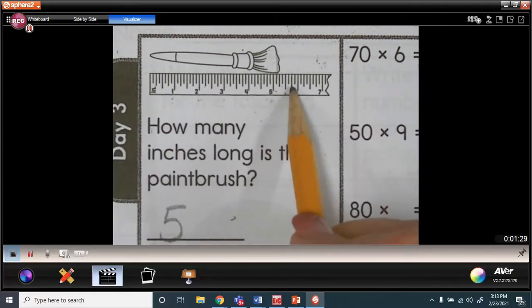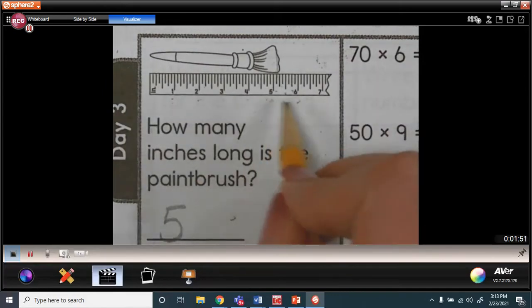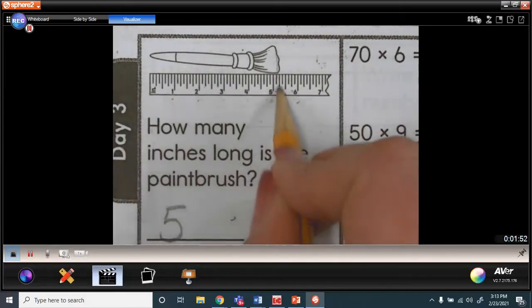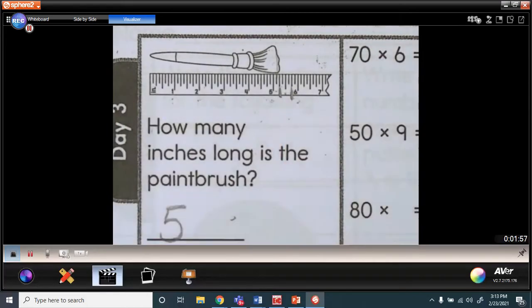We call those quarters because remember 1/4 can also be called a quarter. Like remember on our clock, we talked about a quarter of an hour would be at the 15-minute mark and the 45-minute mark. So we can also look at a ruler the same way. This would be a quarter and this would be a quarter on either side of that half in the middle.